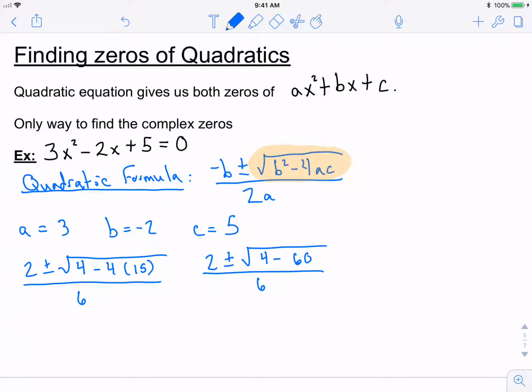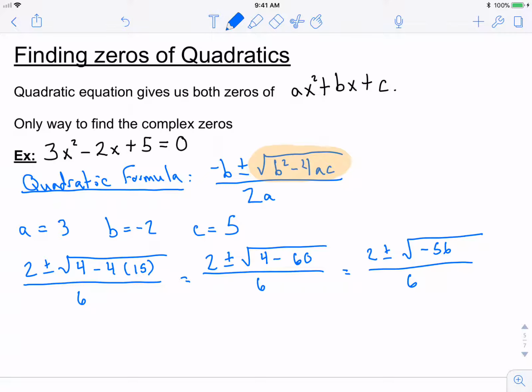And we'll get here that this is equal to 2 plus or minus the square root of negative 56 divided by 6. Okay. So before, we would be stuck here. But now, we can continue going with this example and find our zeros by using just a little bit of knowledge about complex numbers here.